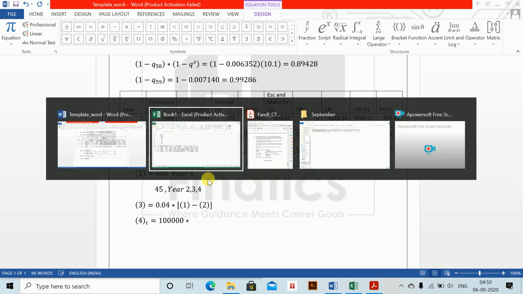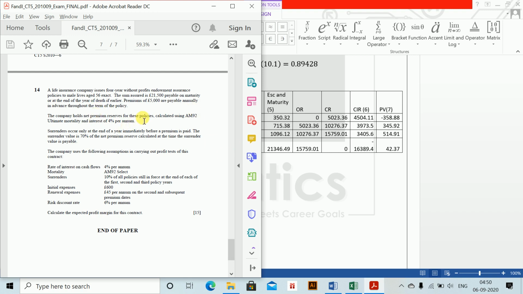So sum assured is 21,500. Right, is it 100,000? Sum assured is payable at maturity.